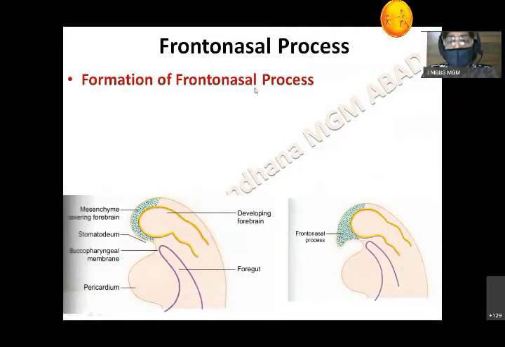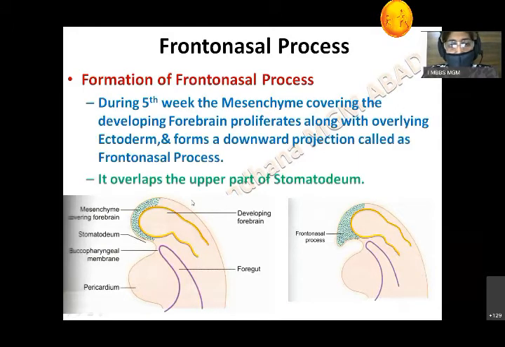What is this frontonasal process? This is the forebrain vesicle in the figure, and around that, whatever green part is there, that is the mesenchyme. Okay, so during the 5th week, the mesenchyme covering the developing forebrain proliferates along with the overlying ectoderm and forms a downward projection which partly covers the stomatodium.